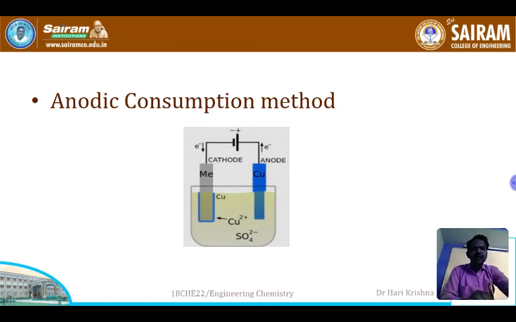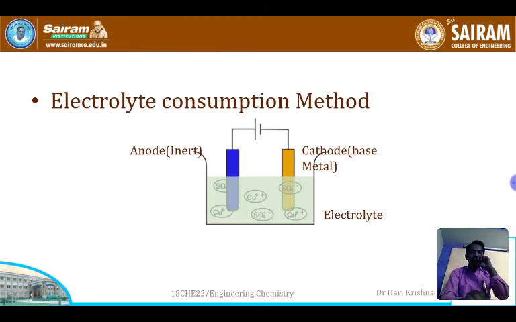Okay. Next, the electrolyte consumption method. In this method, the anode is made inert, and the cathode, as in the previous method, is the base metal which takes the coating. Both anode and cathode are connected to the DC power supply and dipped in an electrolyte which contains the salts of the coating material.